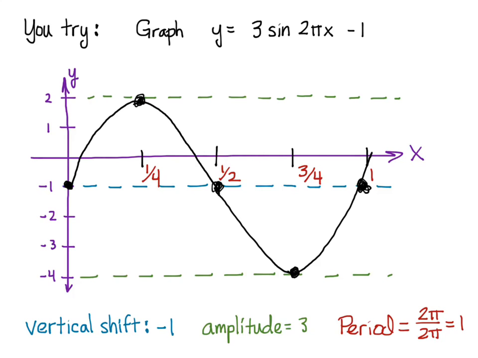So not every horizontal scale is going to have pi. If I have pi in my function here, that means that x is not going to have a pi in it. So here are my points. I could write what these coordinates are. So these are 0, -1. This one is 1/4 and 2.